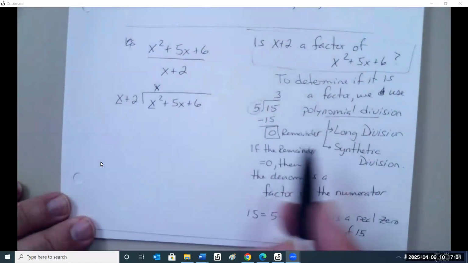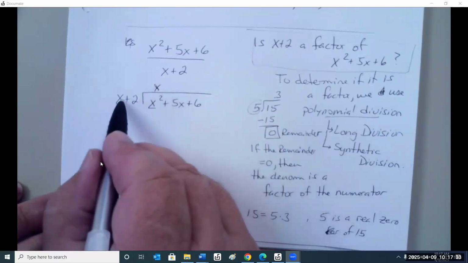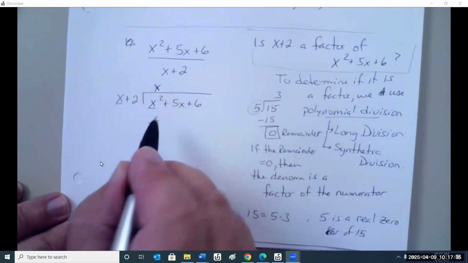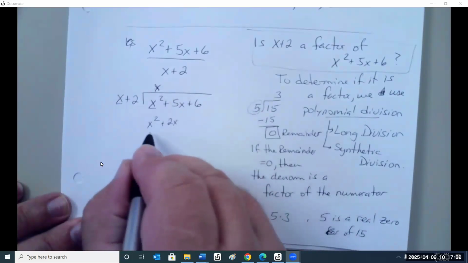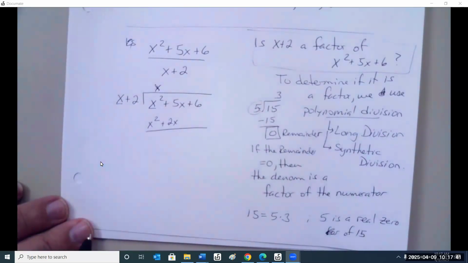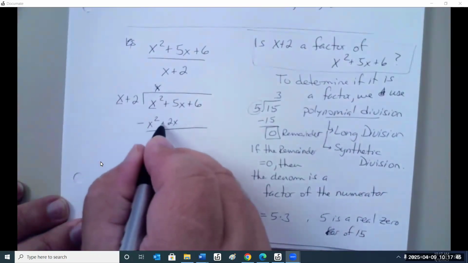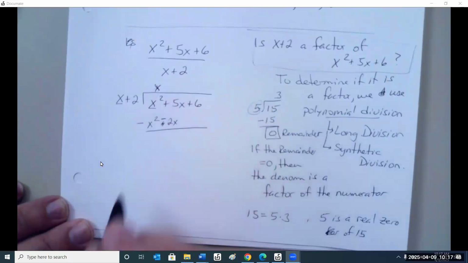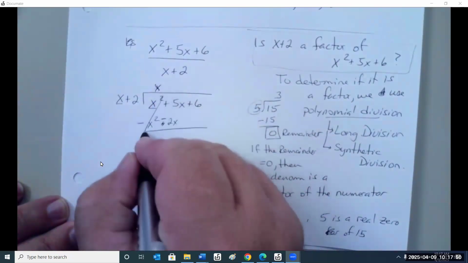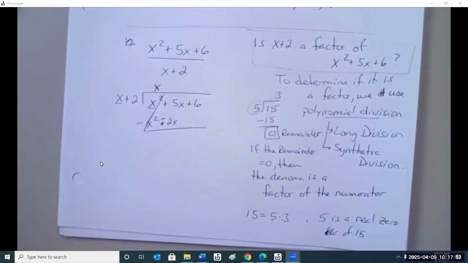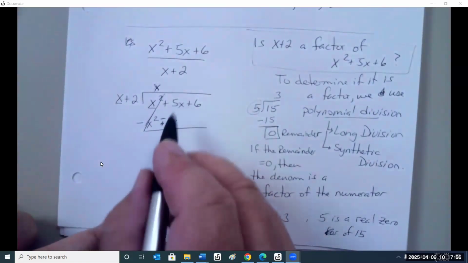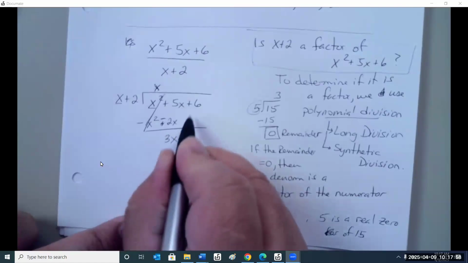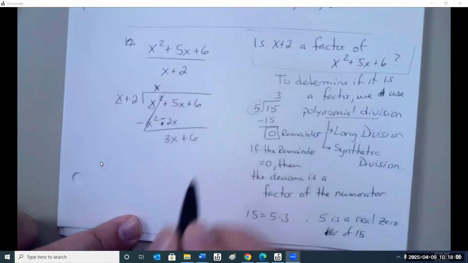So then we do the same thing we did here. x times x is x squared. x times positive 2 is positive 2x. Change the signs and add. The first term has to cancel out. If it doesn't, you did something wrong. So 5 minus 2 is 3x plus 6.